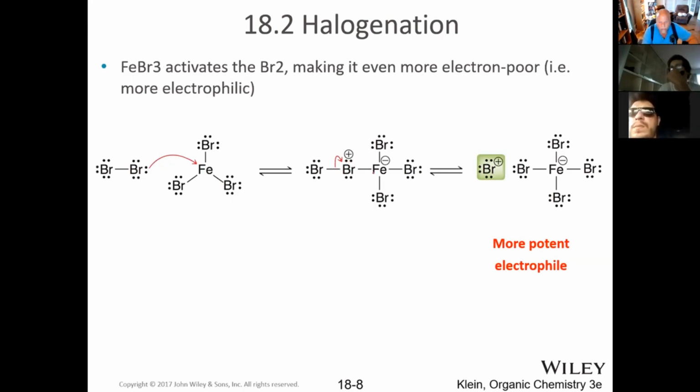to get these two together, so you've got the FeBr4 minus, okay, and you have the Br plus associated with that, and that is a more potent electrophile, because notice this electron pair is gone. It wants electrons from that benzene ring.